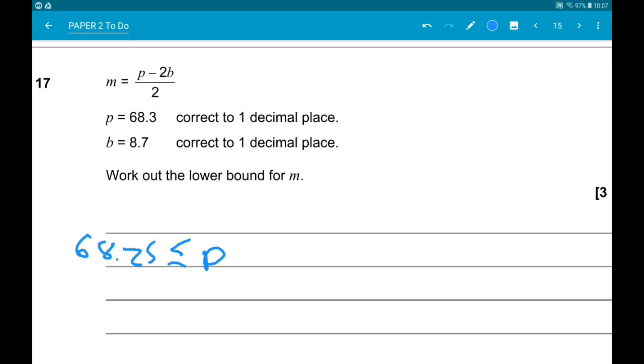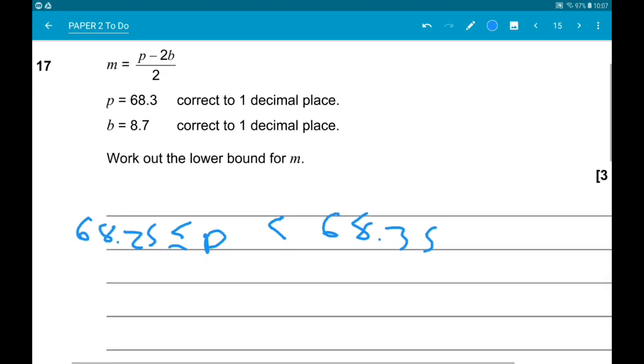Now, the smallest thing P cannot be would be 68.35. Now, for B, the smallest thing B could be would be 8.65. The smallest thing it can't be is 8.75.